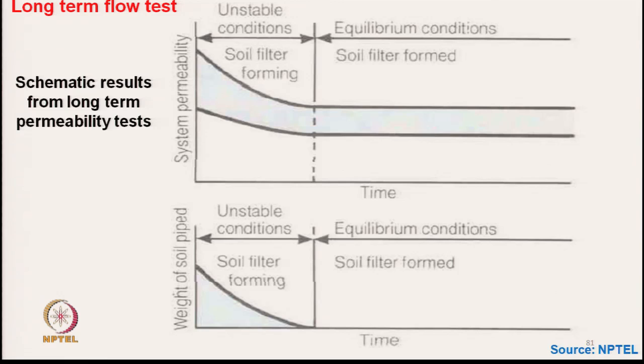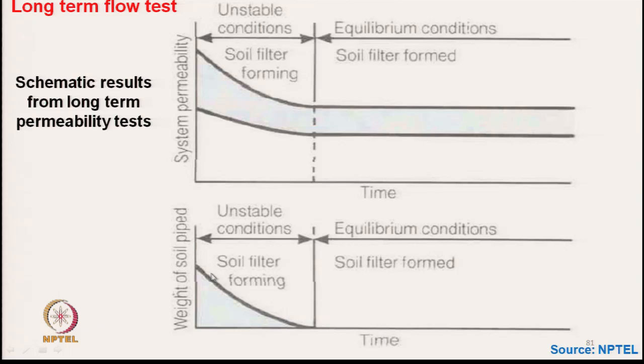The smaller particles will start flowing through the geotextile, that is called piping, which is shown in the picture below. Initially the piping was high, then gradually the filter formation was taking place, some cake formation was taking place and stabilization was there, which is shown here.